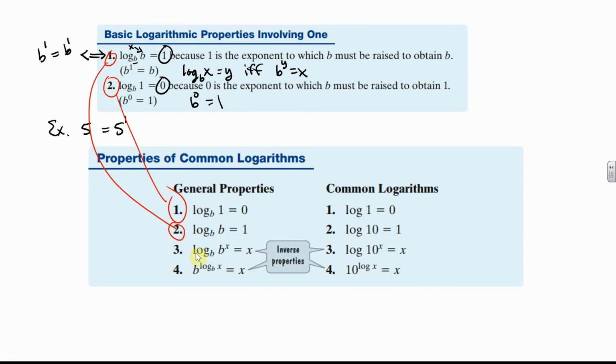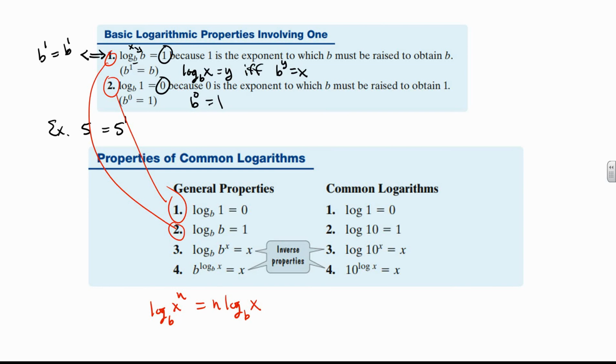Well, look at 3. This is log base b of b to the x. We're going to have this property that says if I have log base b of x raised to the nth power, then that power becomes the multiplier of the log. I can say that it is equal to n times log base b of x.